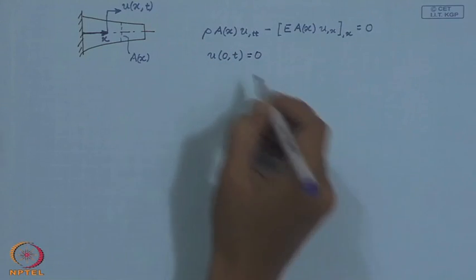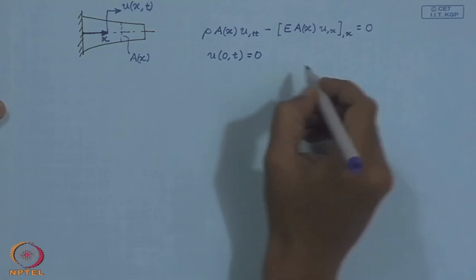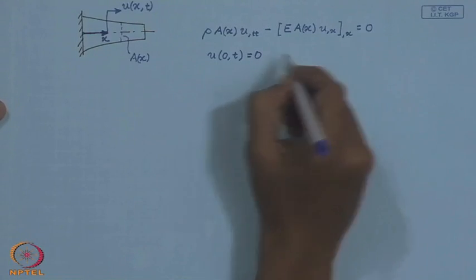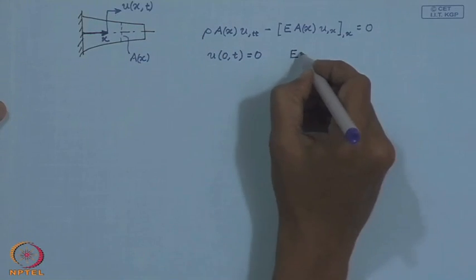were given by u at 0 is equal to 0 for all time, and on the right boundary we have a natural boundary condition.